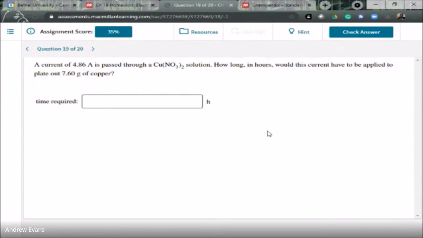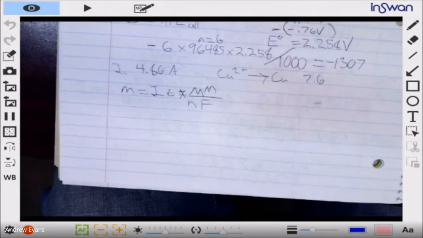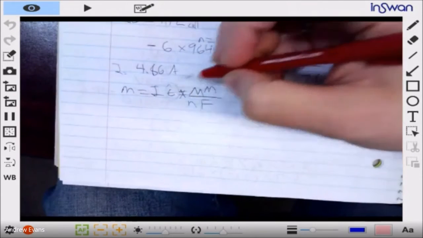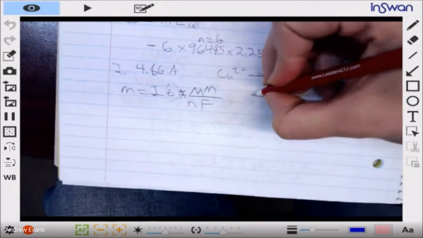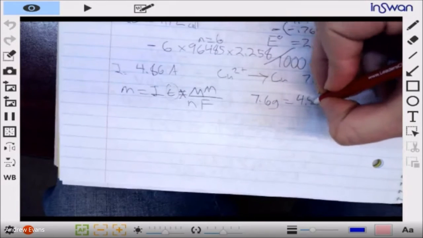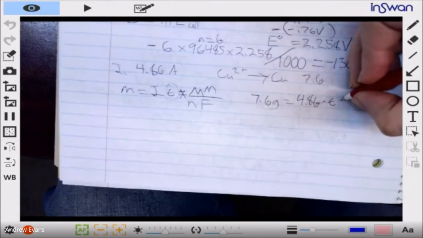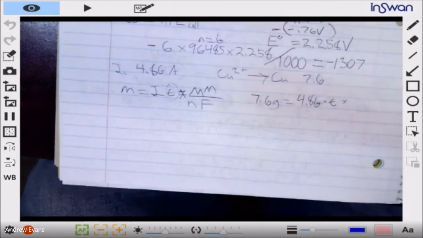I'll give you this equation on the chart on the test, but we're looking for time. The mass, 7.6 grams, equals 4.86 times our unknown T, times the molar mass of copper. Copper is, I'd like to say, 63 something. 63.5 maybe. 63.5.